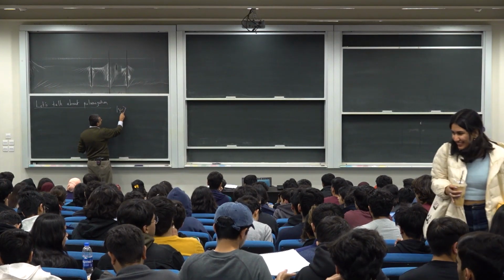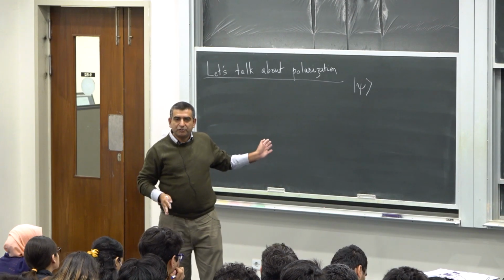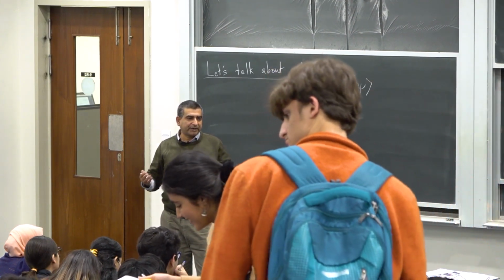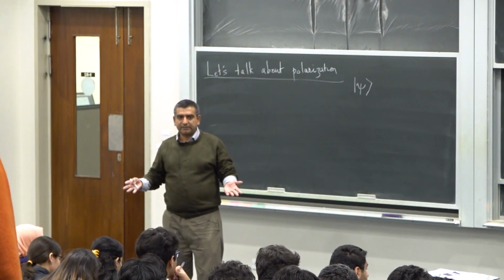So I have a quantum state psi. How many basis kets do I need to completely write down psi? Two: ket 0 and ket 1. These are two possible labels for those basis states.